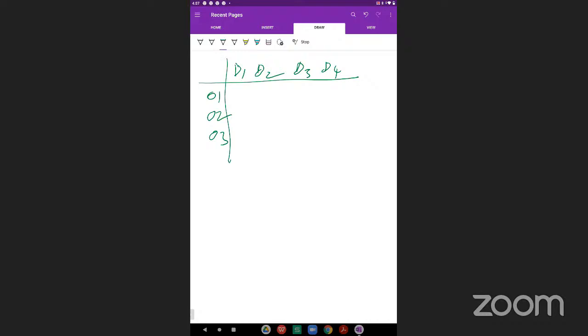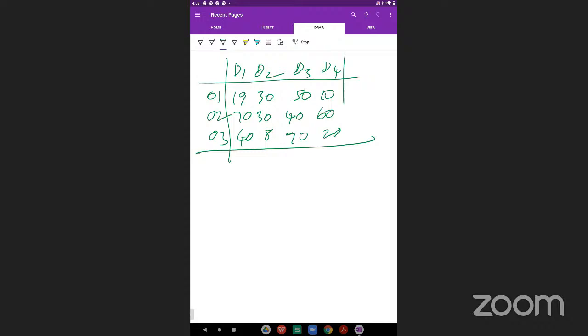Now here it is 19, 30, 50 and 10, 70, 30, 40, 60, here 8, then 70 and 20 he gave. In that, availability he mentioned as 7, 9, 18. Requirement is clearly 5, 8, 7, 14.